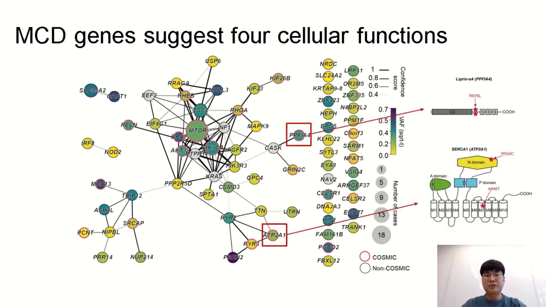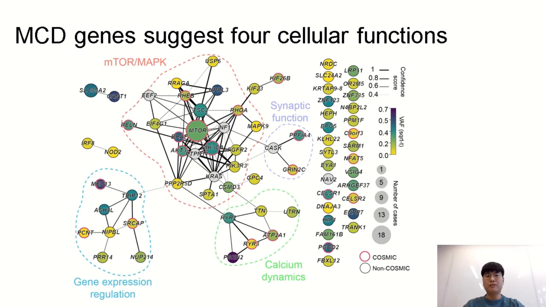There were recurrently mutated genes that were not reported before in MCD. Those were PPFIA4 and ATP2A1, including liprin alpha 4 and SERCA1 respectively. These were normally related with synaptic function or calcium dynamics respectively.